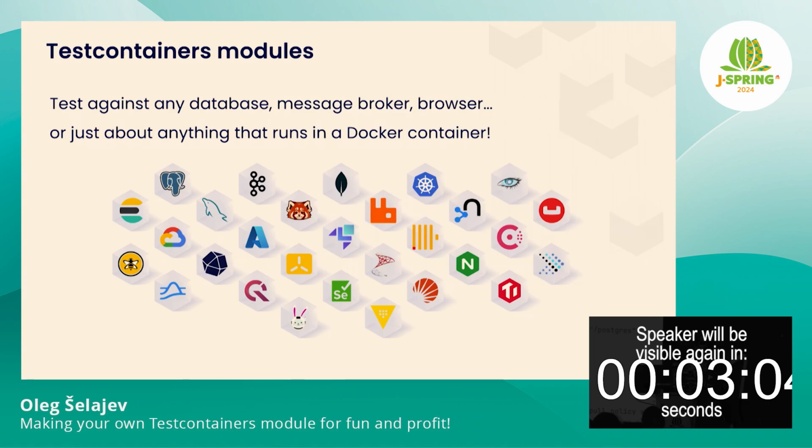And why Testcontainers is, well, the libraries themselves are great, but what made it super, super popular is the module ecosystem. Right? The module ecosystem are the pre-built abstractions that give you the power to run any technologies that you want with just a few lines of code.